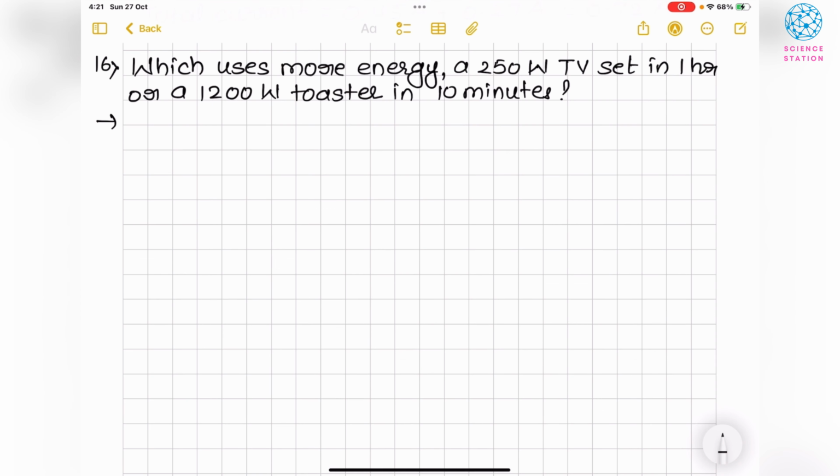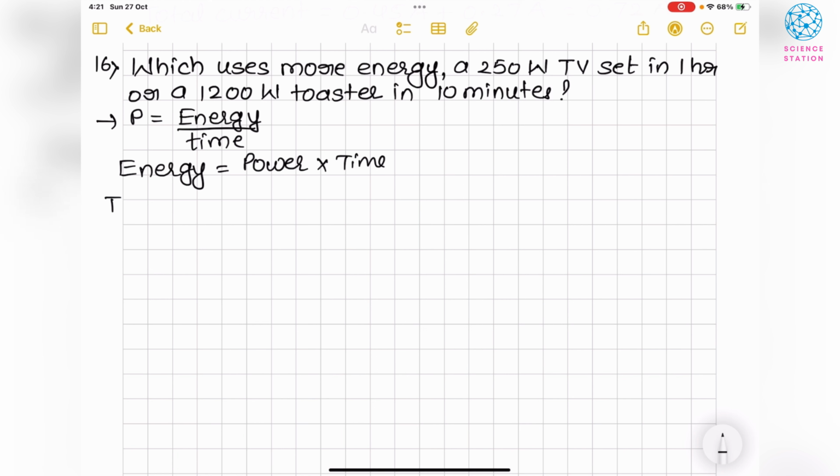Now next question says which uses more energy, a 250 watt TV set in 1 hour or a 1200 watt toaster in 10 minutes. So P equal to energy upon time. So energy will be power into time.